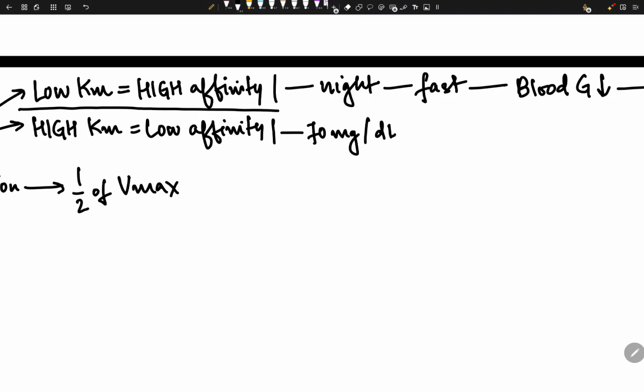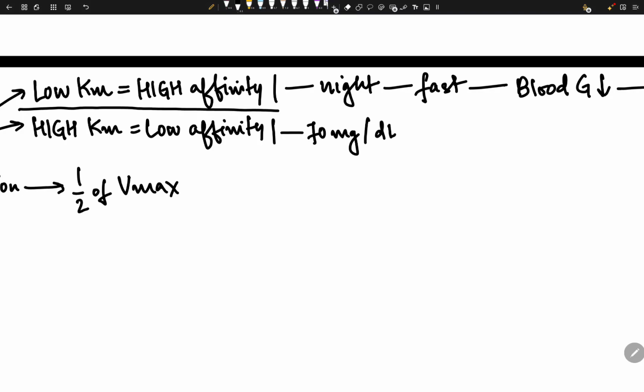But evolution was like, not gonna let that happen. So glucokinase says, I'll wait until everyone has enough glucose.